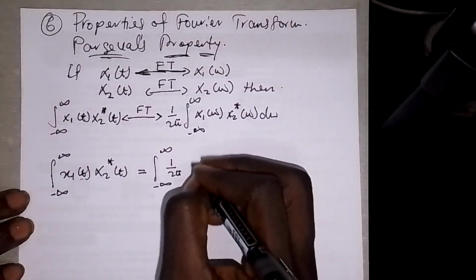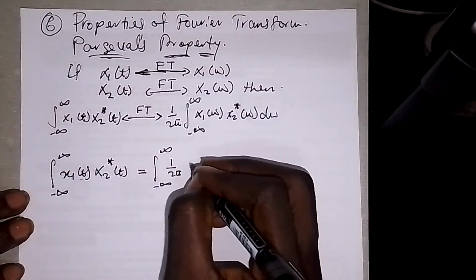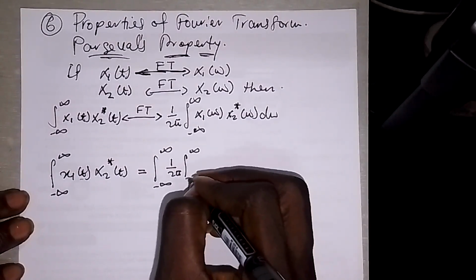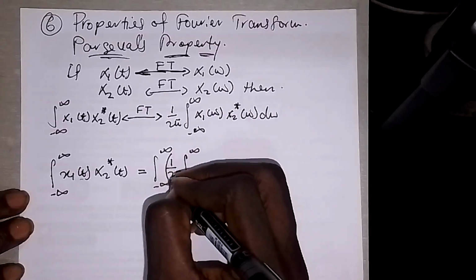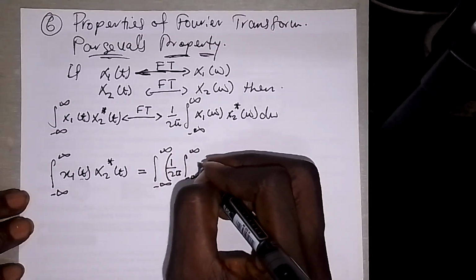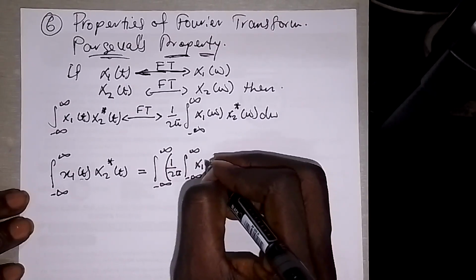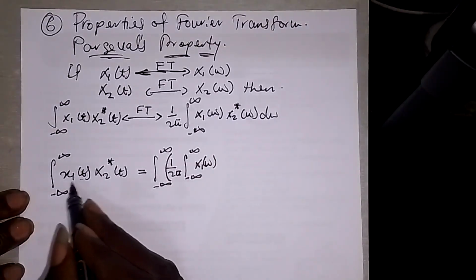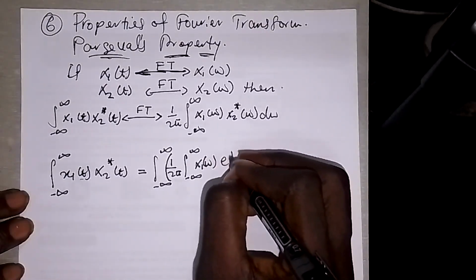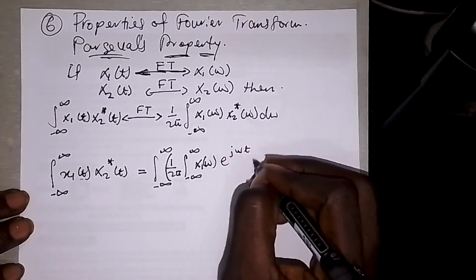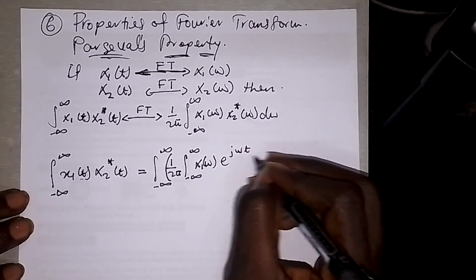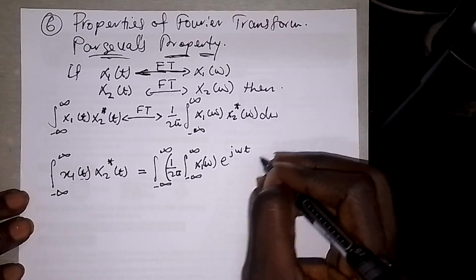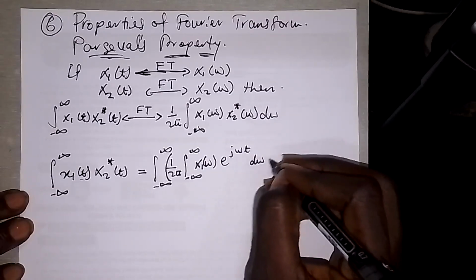So the inverse Fourier transform of this one is going to be 1 on 2 pi, the integral from minus infinity to infinity. Let me bring a bracket here. So here is x1 of omega, that is, I'm writing the inverse Fourier transform for this one, into e to the j omega t, d omega.